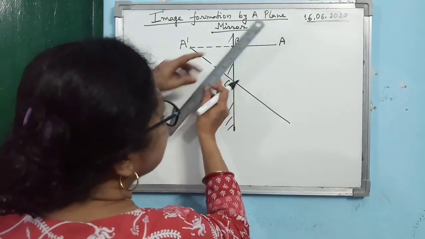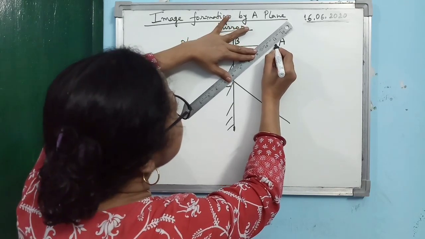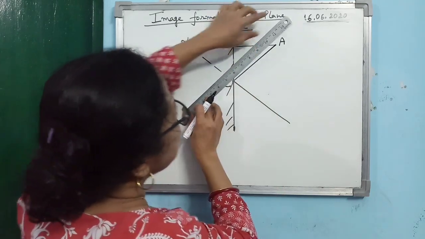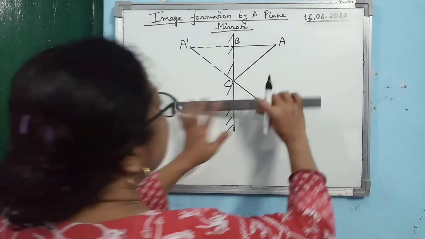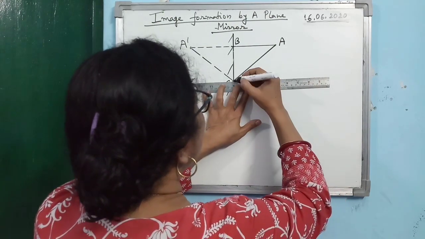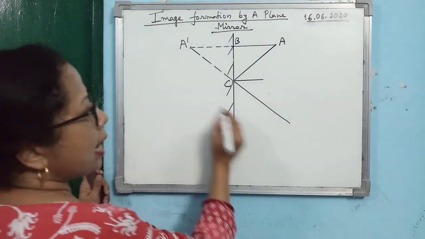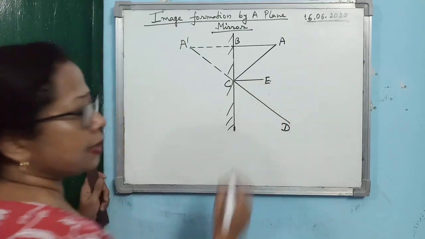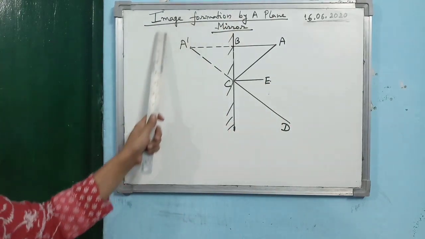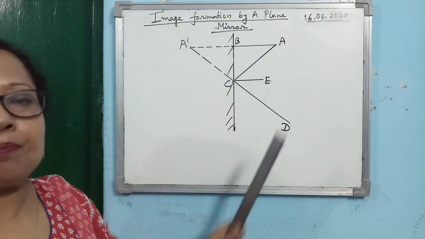Then what you will do, you join point A and C together, and then draw a small perpendicular at the point C on the mirror, and name the diagram. Suppose it is D and this is E. So this is the way you will draw the image formation by a plane mirror.